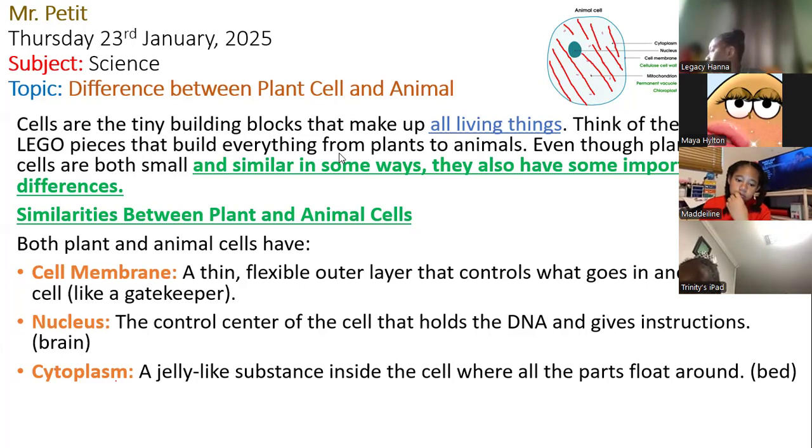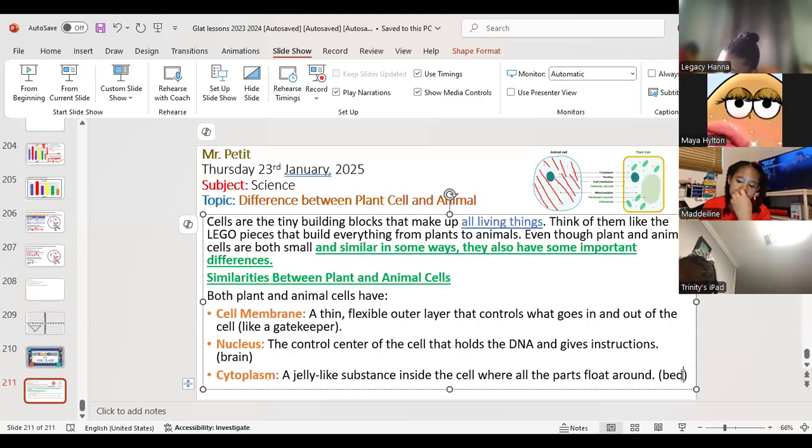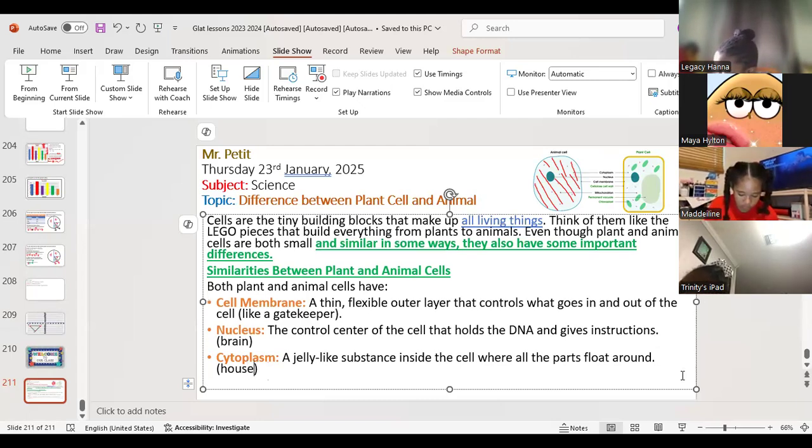So the gatekeeper is the what? The cell membrane. Which structure is like the brain of the cell? The nucleus. And since everything is floating around in it, I wouldn't call it the bed, even though it is on it, but let's say it's really the house, because they are floating within the cytoplasm, right?